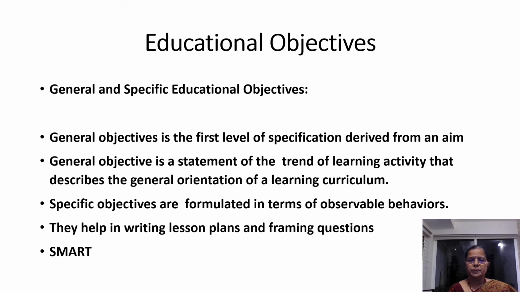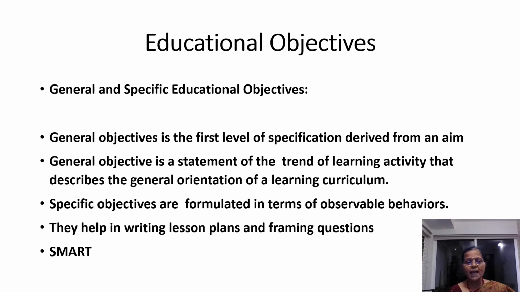And now, when we talk about educational objectives, there are two different types. There are general and specific educational objectives. As the term itself implies, the general objectives are very general, they are very broad, and the scope is very wide.